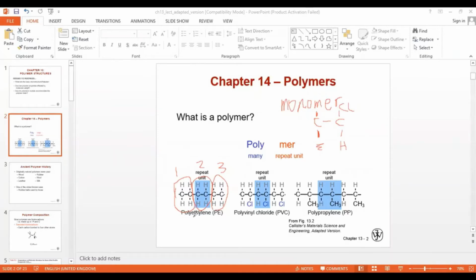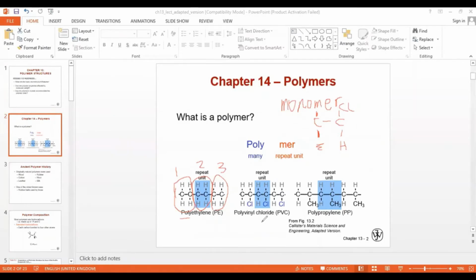That is polyethylene, or polypropylene, or polyvinyl chloride. That poly part is the indication for many. Many monomers combine to form a polymer.